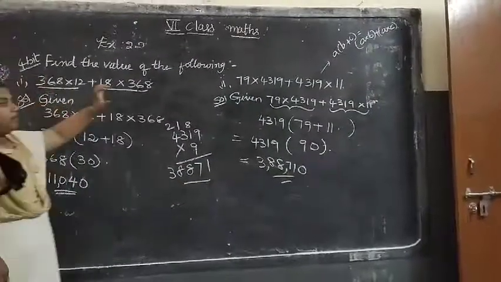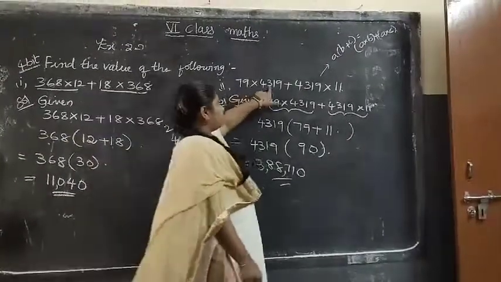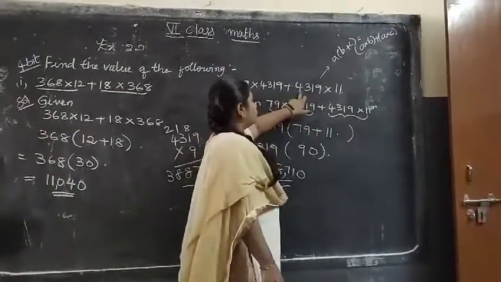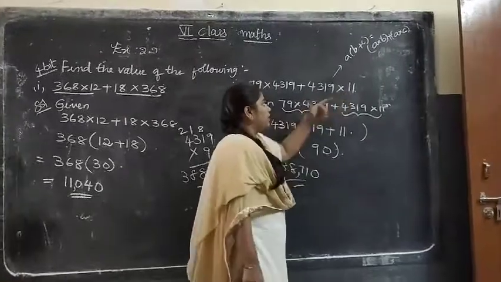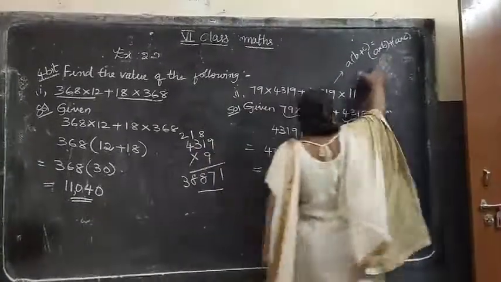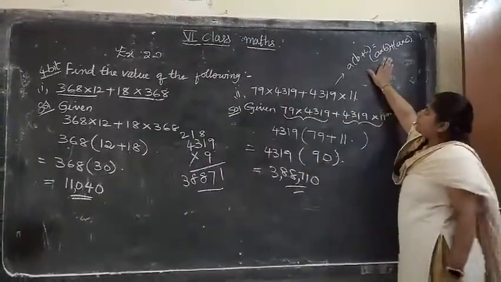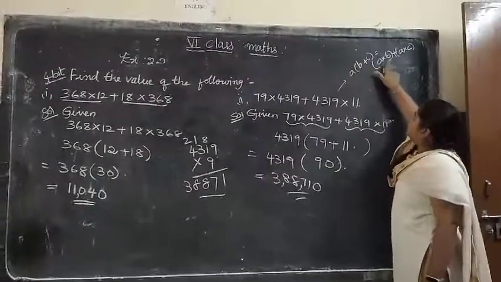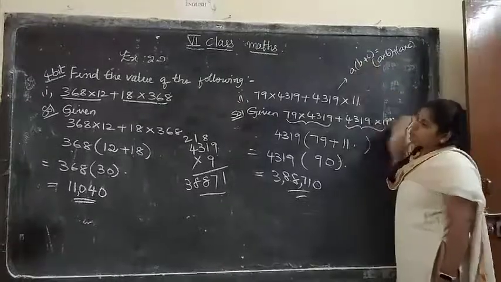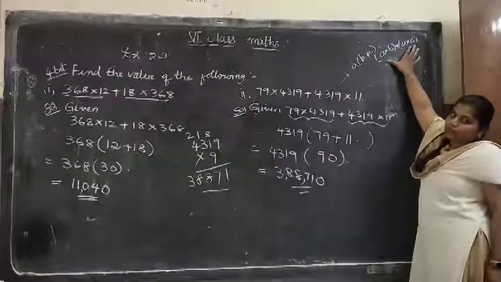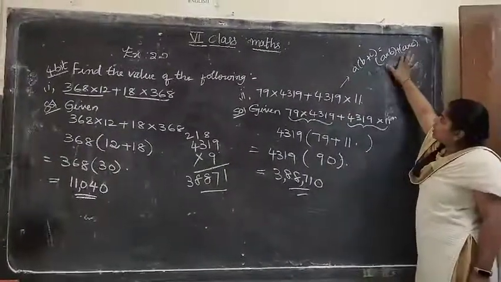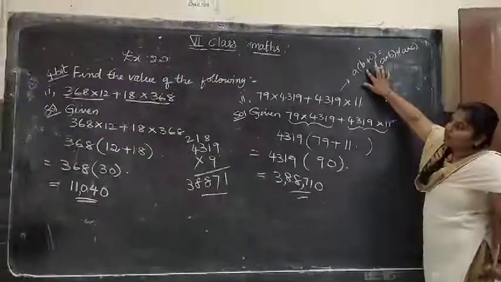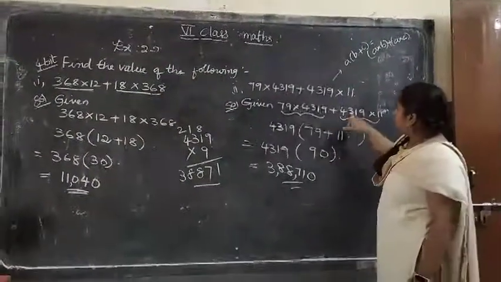So once again you see, in this 79 into 4,319 plus 4,319 into 11. So this is in the form of distributive property. What is distributive property? A into B plus C will be equal to A into B plus A into C. So the question they have given in this form. So now you have to convert the term in the form of the LHS part. So what is the common here?